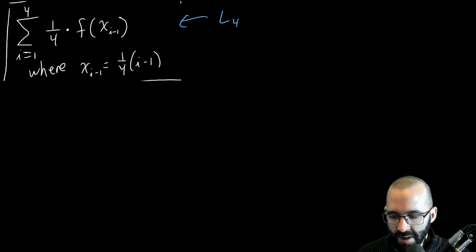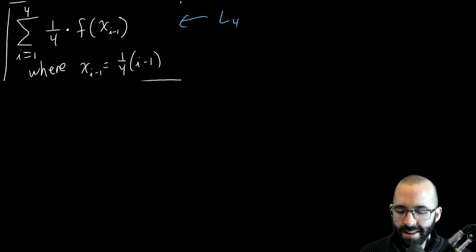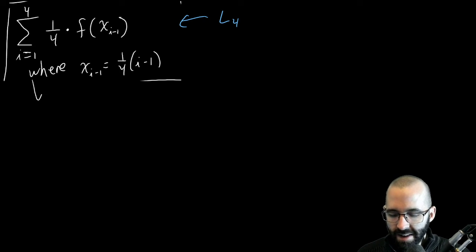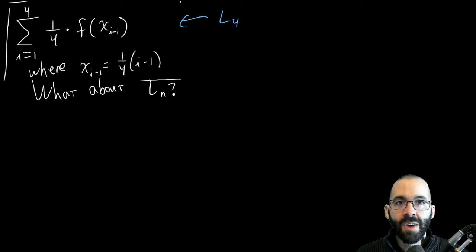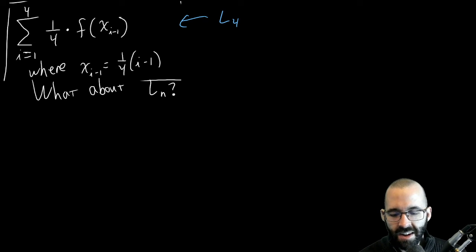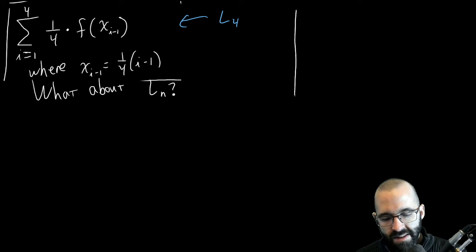So part 2 is, can you find L sub n? What if we have n different rectangles, an arbitrary number of rectangles? I think you can do it. Let's get our picture back.